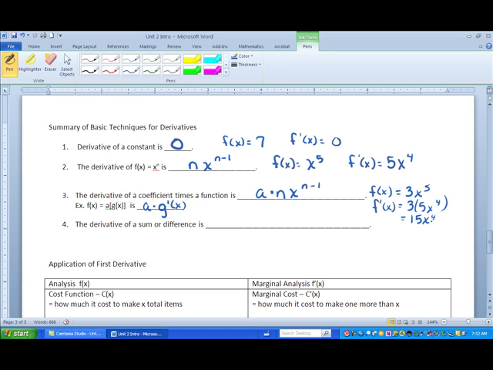And then the last thing that we learned is that the derivative of things that are added or subtracted together is simply the sum or difference of each derivative.